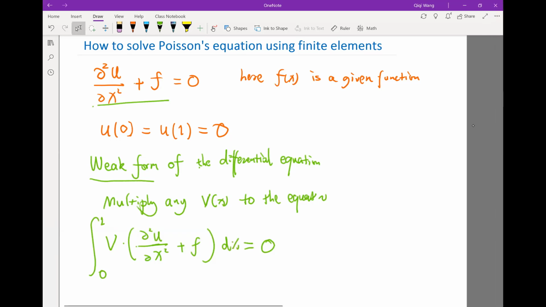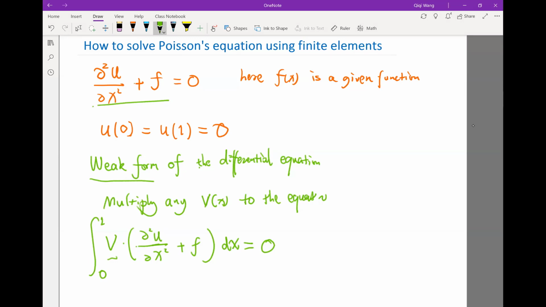Now here's a primary difference between the weak form of finite element versus the integral form in finite volume. You can say that the integral in finite volume is actually a special case of this type of integral, in that our v is equal to either 0 or 1. It is 1 in the domain we're integrating, from L to R, and 0 outside the domain.